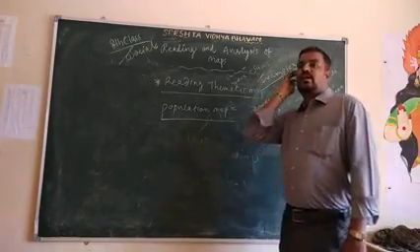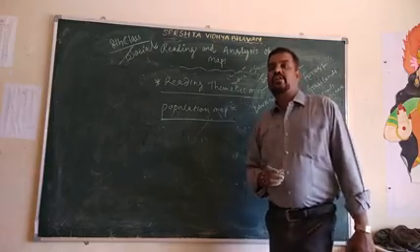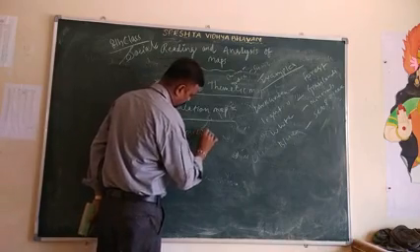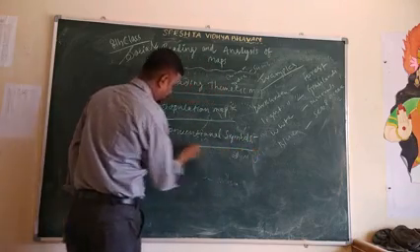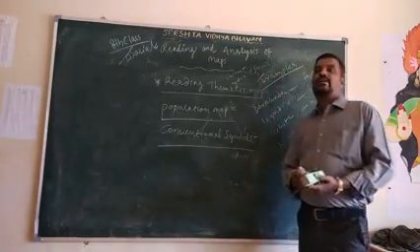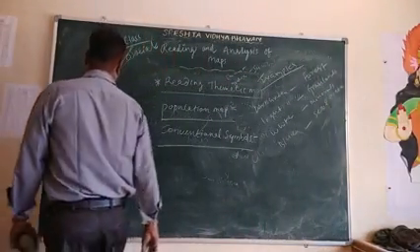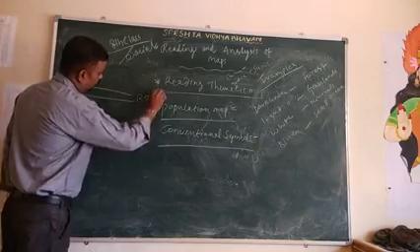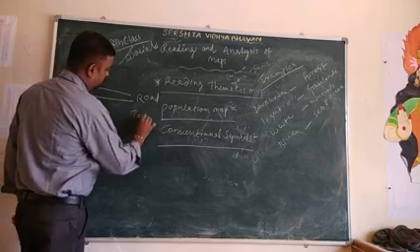Next one is conventional symbols. In the map, some symbols are there. The symbols are known as conventional symbols. For example, this is the conventional symbol of a road.